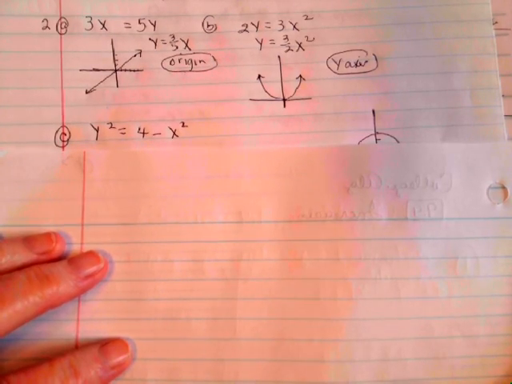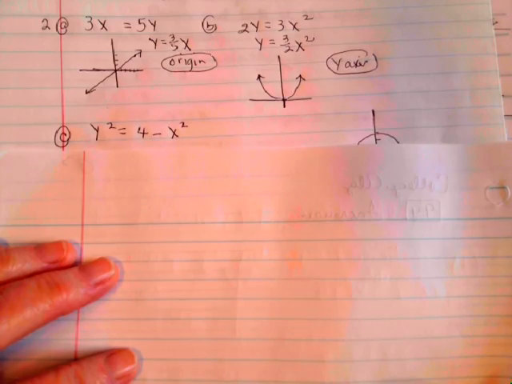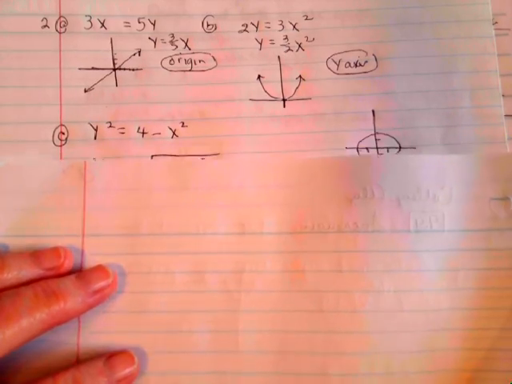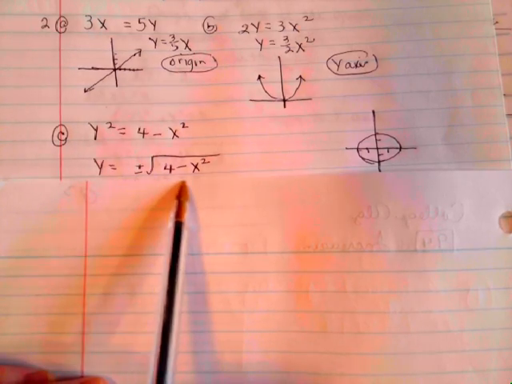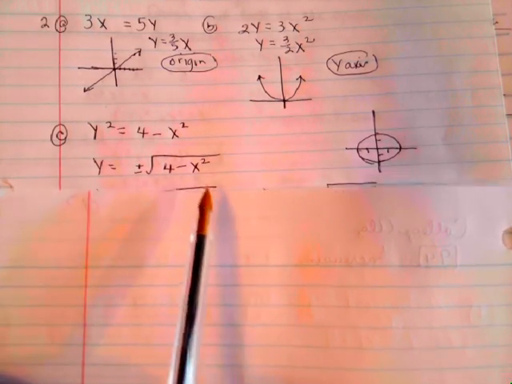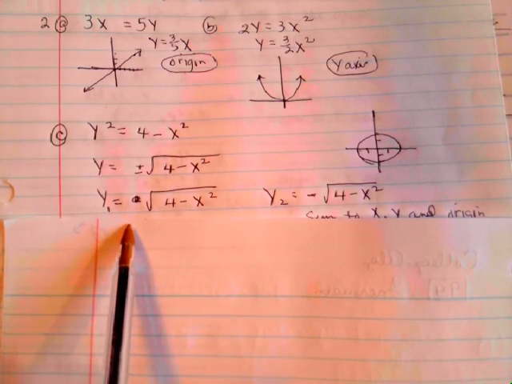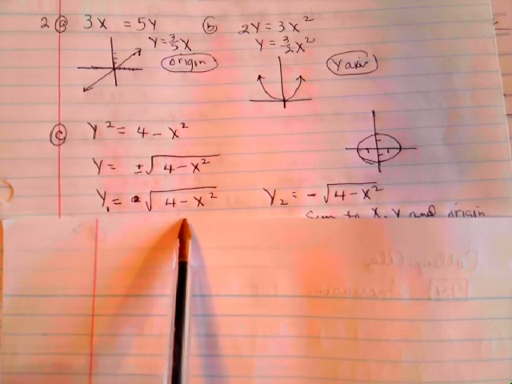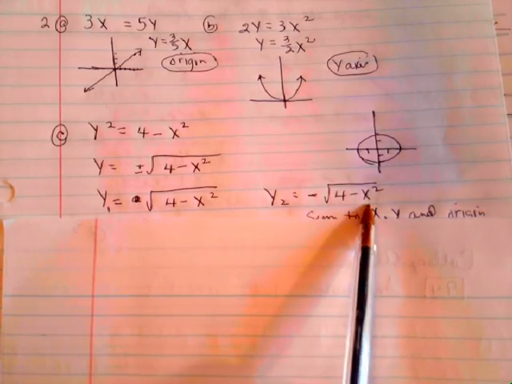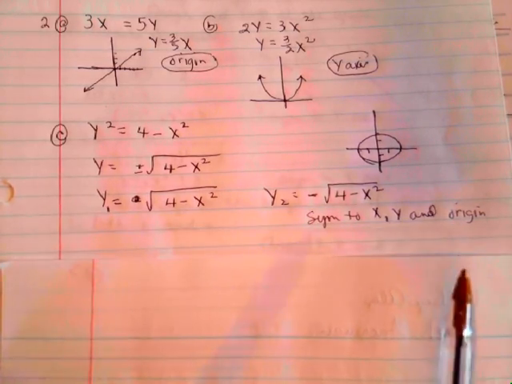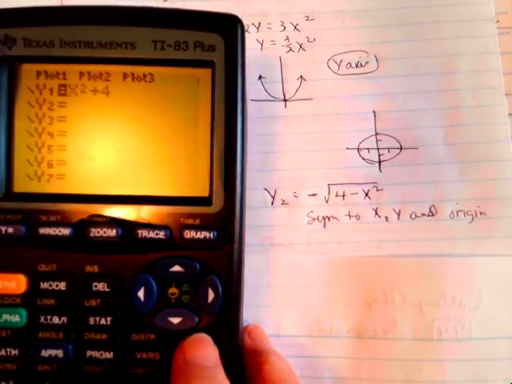C, y squared equals 4 minus x squared. If I want to graph that, I have to solve for y. I have y equals plus or minus the square root of 4 minus x squared. That's actually two equations. Put them in your calculator. y1 equals the square root of 4 minus x squared. y2 equals the opposite of the square root of 4 minus x squared. Let's put that in our calculator so you're sure you know how.